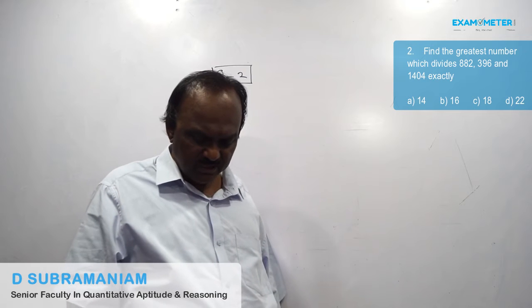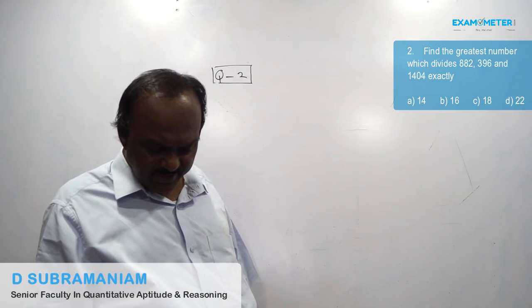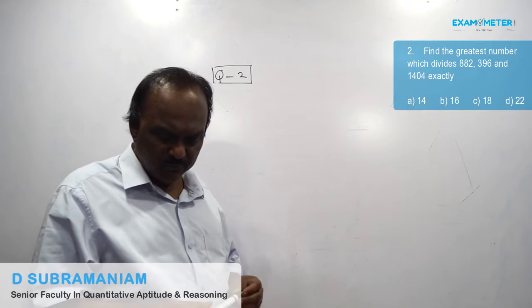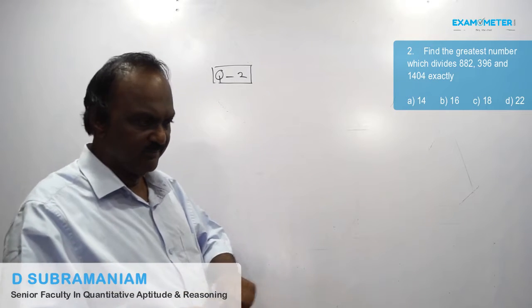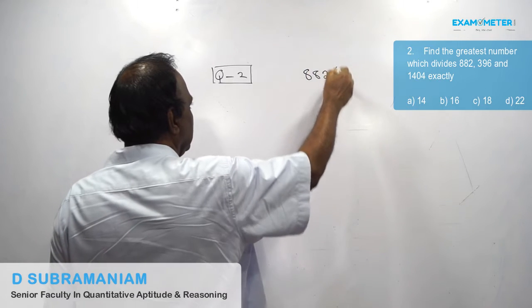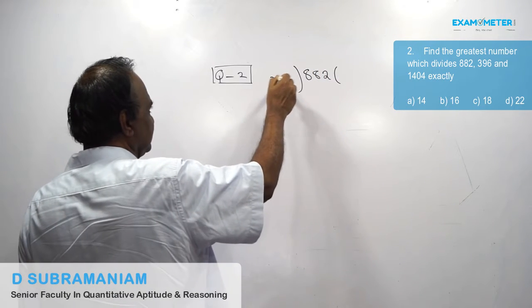Find the greatest number which divides 882, 396 and 1404 respectively. First divide 882 by 396.